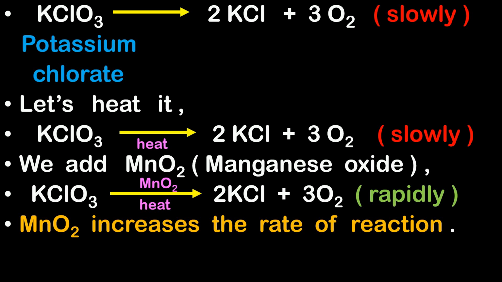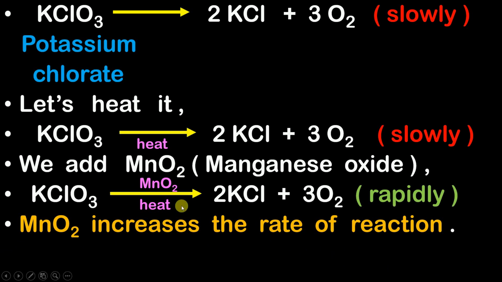Now here guys, can I say as soon as you add MnO2, our reactant, that is nothing but KClO3, gets quickly converted into products. So guys, can I say since it gets quickly converted into products, which means that its rate has increased. And who has increased the rate? It is obviously MnO2 has increased the rate of the reaction.